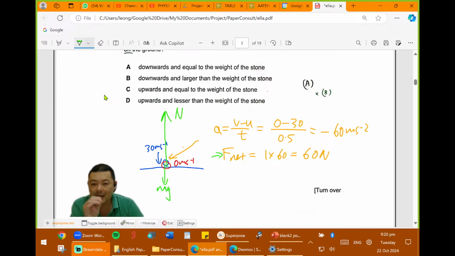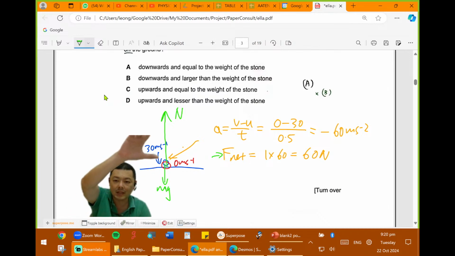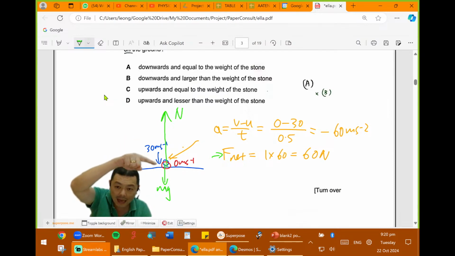I need you to understand that these are the only two forces acting on the stone upon impact. Air resistance was acting on it before it hit the ground, but you don't even need to care whether or not there's air resistance. We just need to know that at impact, the normal contact force is way bigger than the mg force.